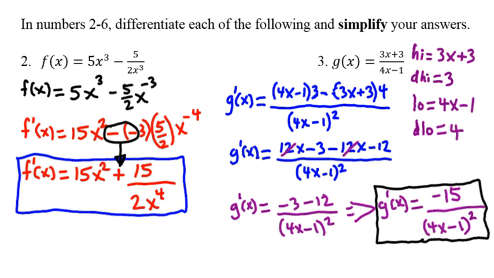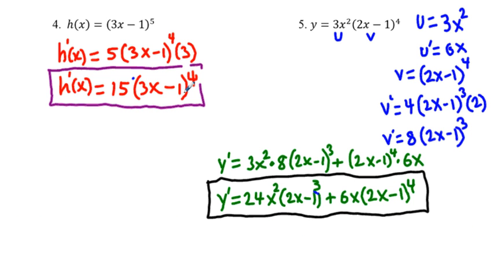All right, here we have numbers 4, 5, and 6. Class, you cannot distribute, for number 4, you cannot distribute through a binomial to the fourth power. And on number 5, you cannot distribute through a binomial to the third power or fourth power.